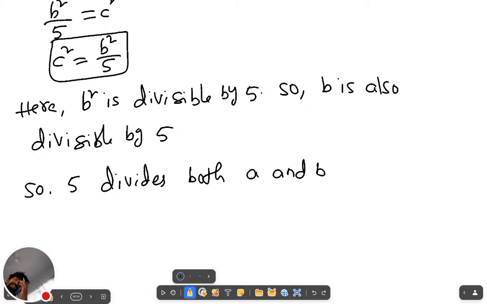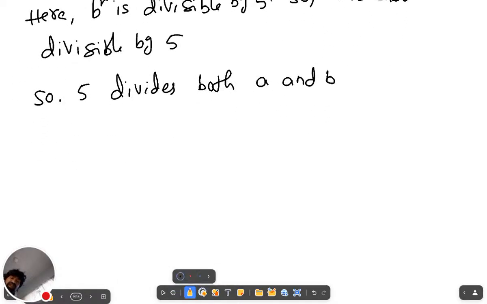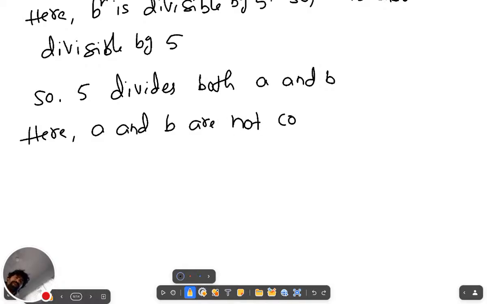If 5 divides both a and b, then we can say that a and b are not co-prime numbers, because both are divisible by 5. a and b are not co-primes.